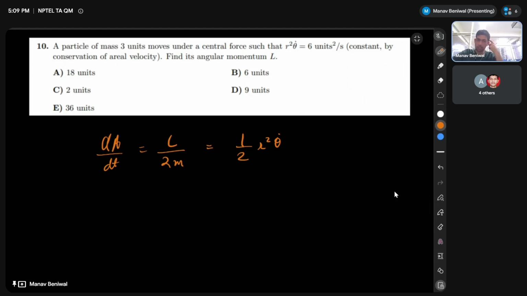Since my angular momentum is conserved and my mass is constant, my aerial velocity is conserved. So the question is very simple. My angular momentum L is nothing but m r squared theta dot, right? And my m is 3, r squared theta dot is 6, so it is just 18 units.